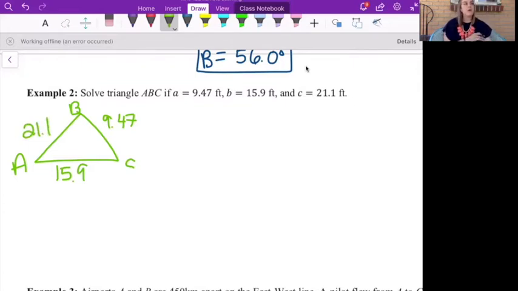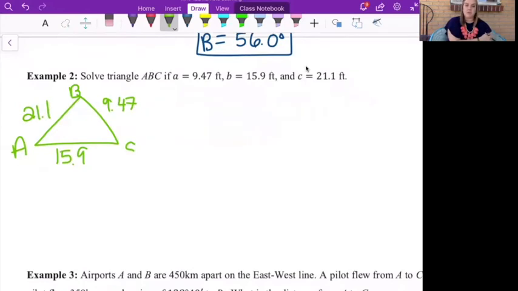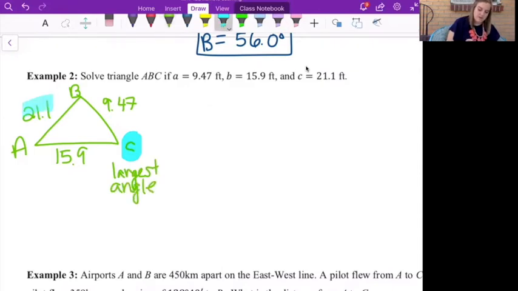Now, C will not always be your biggest side and angle, but in this case it is. So we're going to start with C because it's our largest angle, because it's opposite the largest side of 21.1.